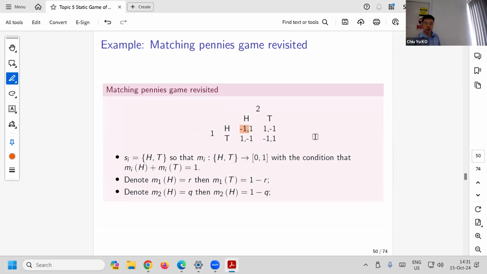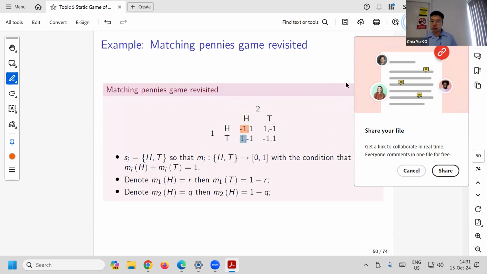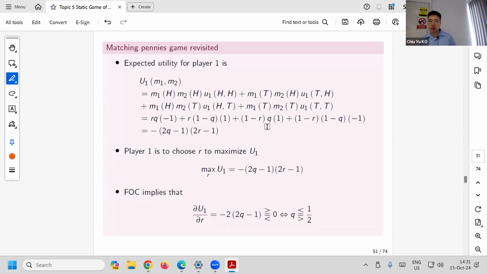And if you're T and H, T and H will be here, 1. So that is how you get R times Q1, 1 minus Q1, and 1 is R minus Q minus 1. That's how you get this expression. And once you simplify, you get this one: -2Q minus 1 times 2R minus 1.